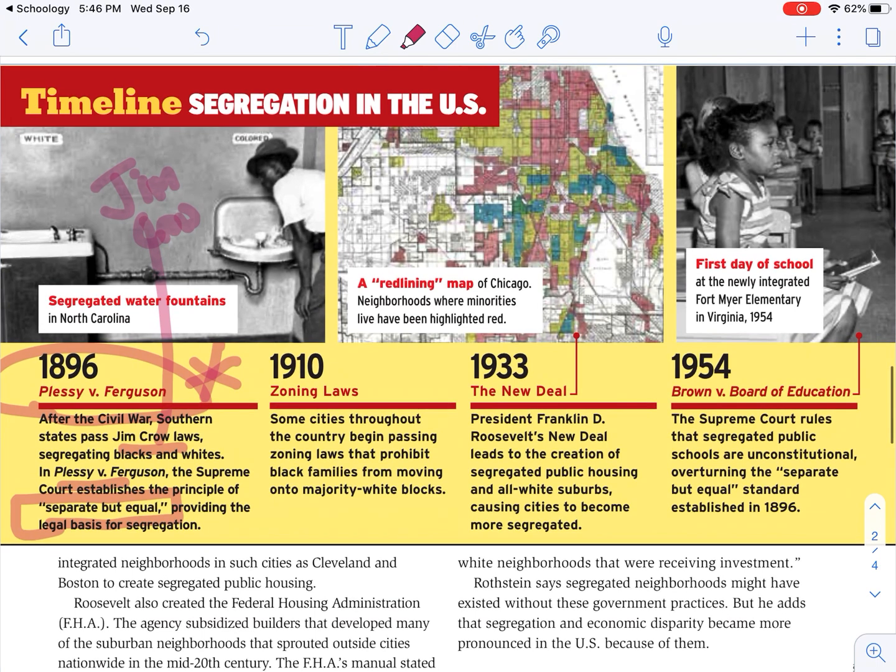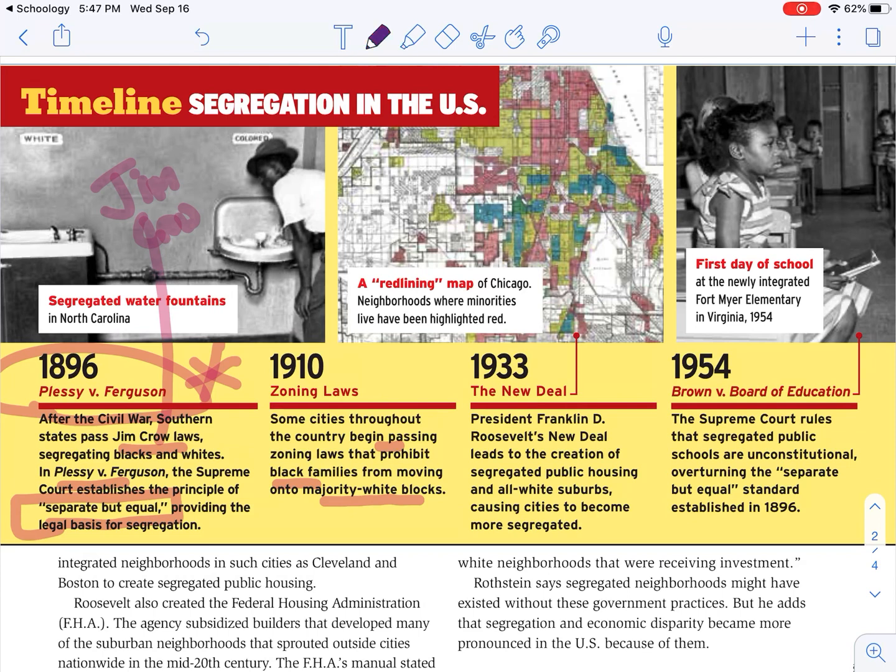Then I'm looking at this redlining map of Chicago. Neighborhoods where minorities live have been highlighted in red. Interesting. So minorities seem to be clustered in different locations. Very interesting. Some cities throughout the country began passing zoning laws that prohibit black families from moving onto majority white blocks.